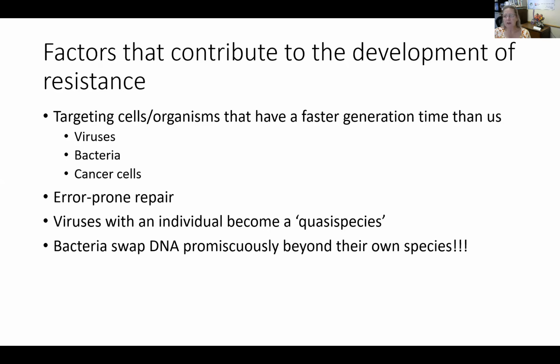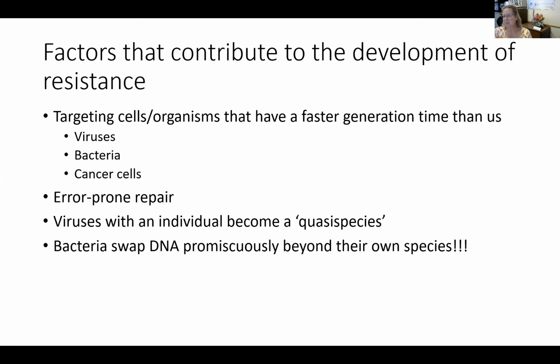And bacteria are very good at scavenging DNA from other cells and from the environment, and swapping DNA among species. So for instance, through transduction, a virus can carry DNA from one bacterium to another. And then through conjugation, bacteria can swap DNA with others. And even through something called transformation, bacteria are able to pick up naked DNA from the environment.